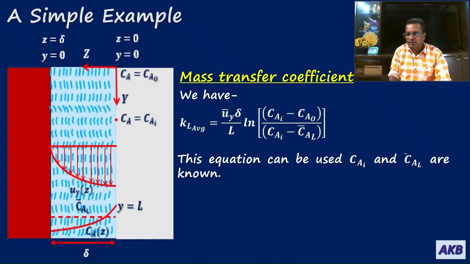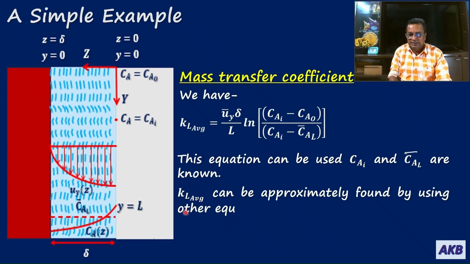This is one way you can use it, but the problem is CAI and CAL bar should be known to us. We also have some other equations that have been proposed for finding KL average. So KL average can be approximately found by using those equations.